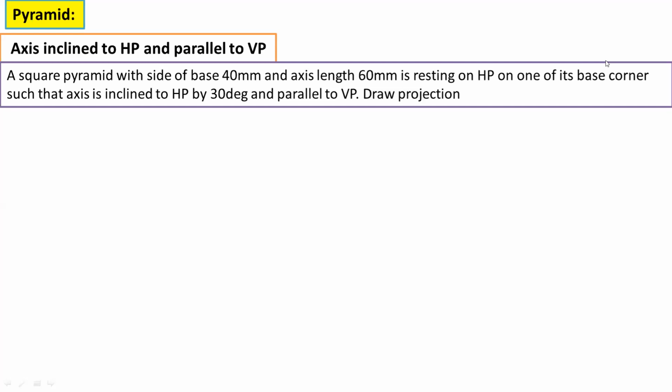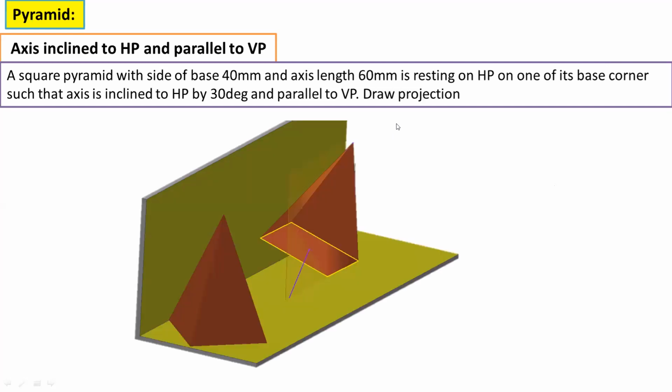Draw the projection. Here the given pyramid is a square pyramid, that means its base is square. You can observe in 3 dimensions. This is the given condition.